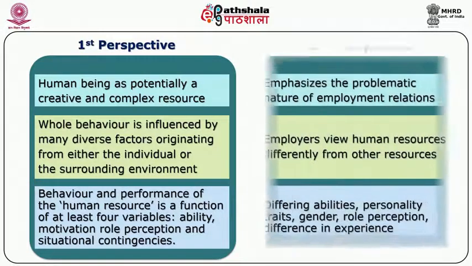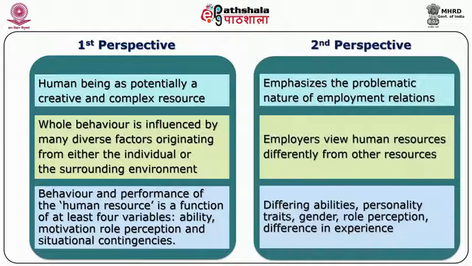The second perspective to human resources emphasizes the problematic nature of employment relations. Employers view human resources differently from other resources. Differing abilities, personality traits, gender, role perception, and differences in experiences are viewed by others as a characteristic of the individual.